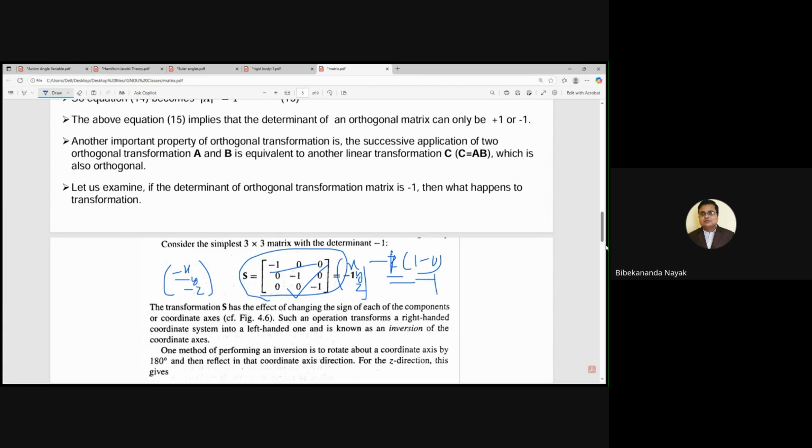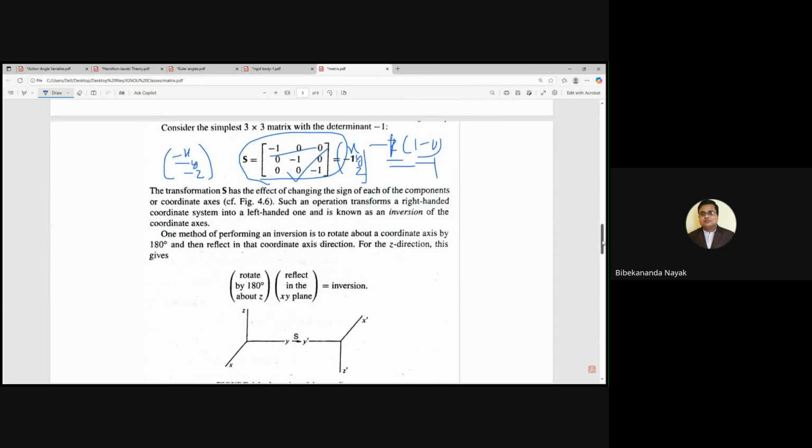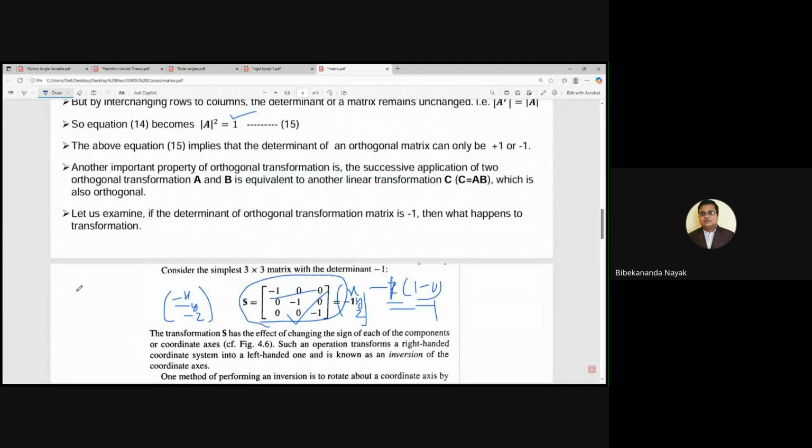In quantum mechanics, it is called parity. I think you heard this word in nuclear physics or quantum mechanics. Parity is a property of quantum particles. Though it has no classical analog, classically it is called spatial inversion.